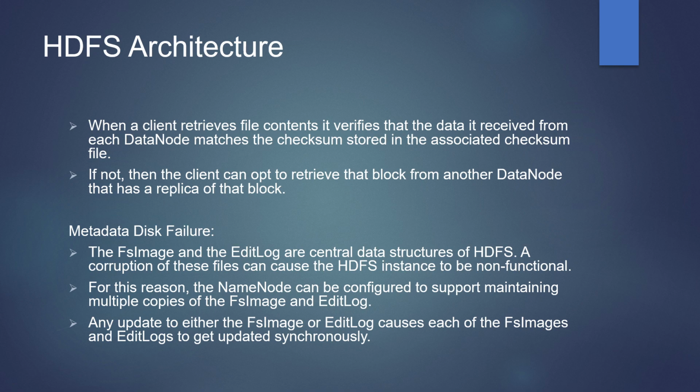For this reason, the name node can be configured to support maintaining multiple copies of FS image and edit logs. Any update to either the FS image or edit log causes each of the FS image and edit logs to get updated synchronously in another system.